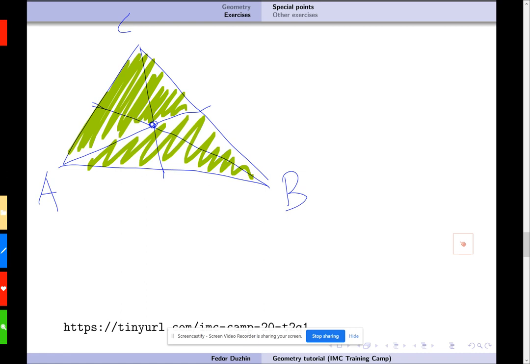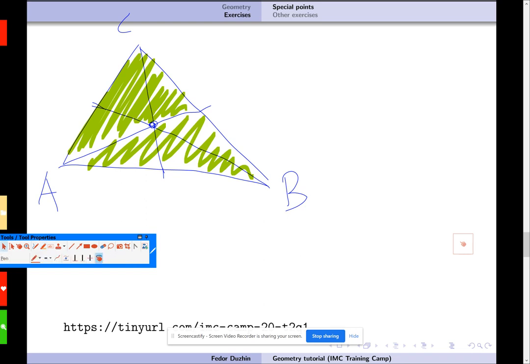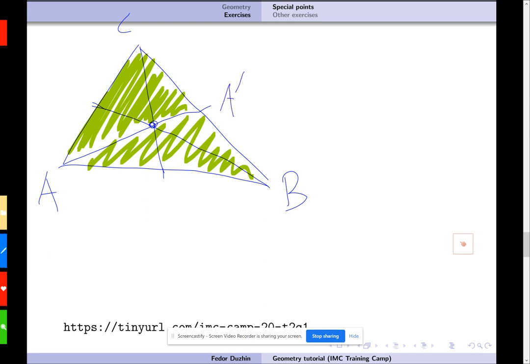If the point in the middle is denoted A prime, then A prime C equals A prime B. So these two triangles have the same base and the same height, the perpendicular from A to BC, so they are equal.